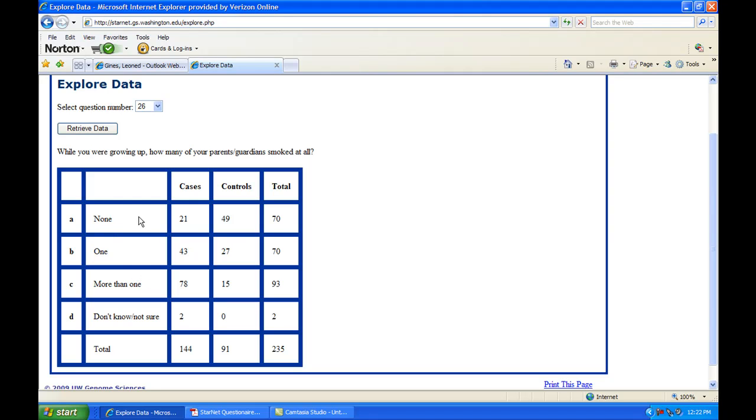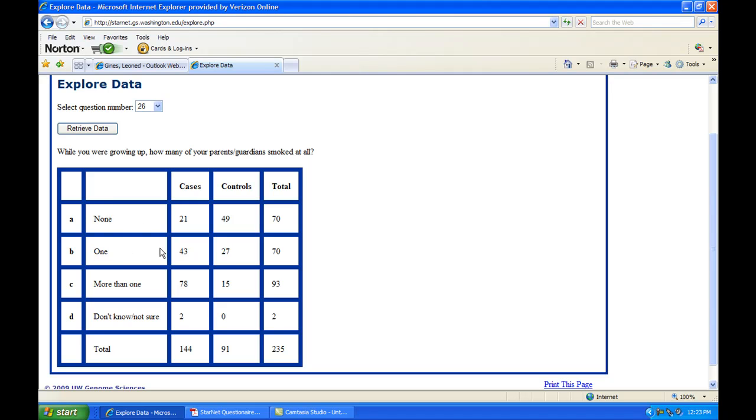For example, what this row tells you is that out of the people in the study who tried smoking and went on to become regular smokers, 21 of them did not have any parents that smoked. Out of the people in the study who tried smoking and then did not become a regular smoker, 49 of those people did not have parents who smoked.